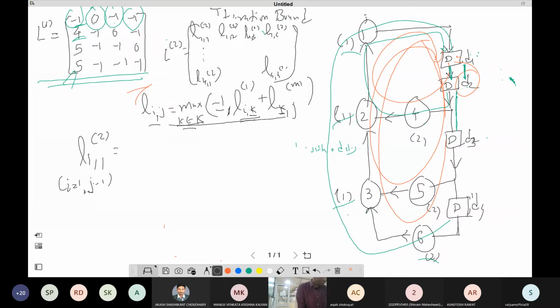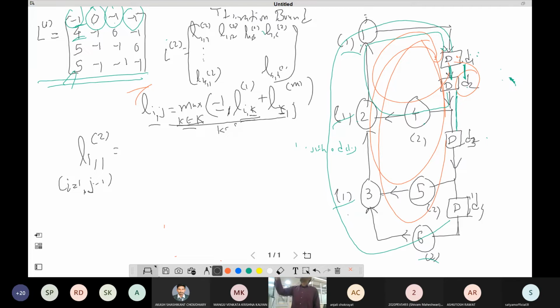Okay, so now in order to do that, let's try to build up the concept that K could be anything. K could be 1, 2, 3, 4. So here what is the possible K? It could be 1, 2, 3, 4.